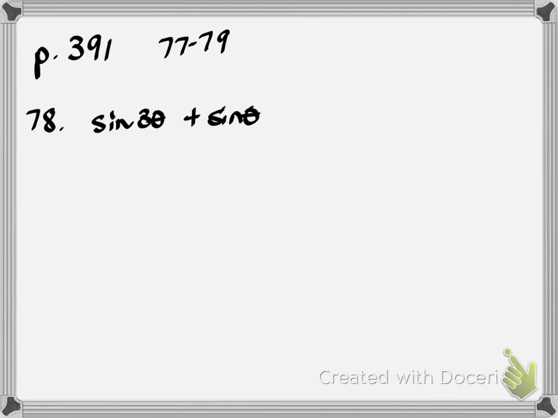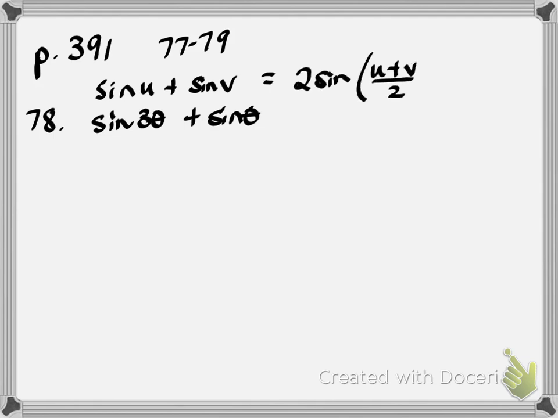Use sum to product to write this sum or difference as a product. So find sum to product and see the one that matches. It's sine plus sine. So that's sine u plus sine v equal to 2 sine u plus v over 2, cosine u minus v over 2.